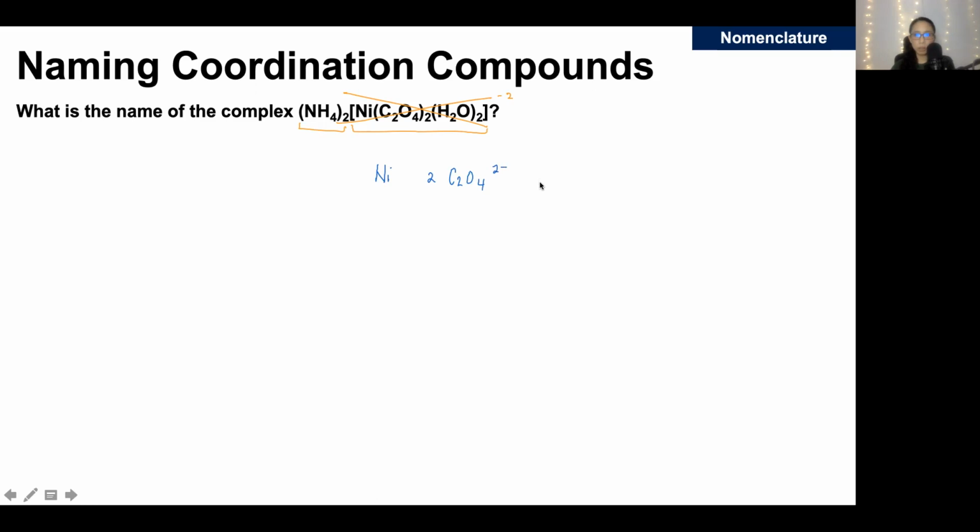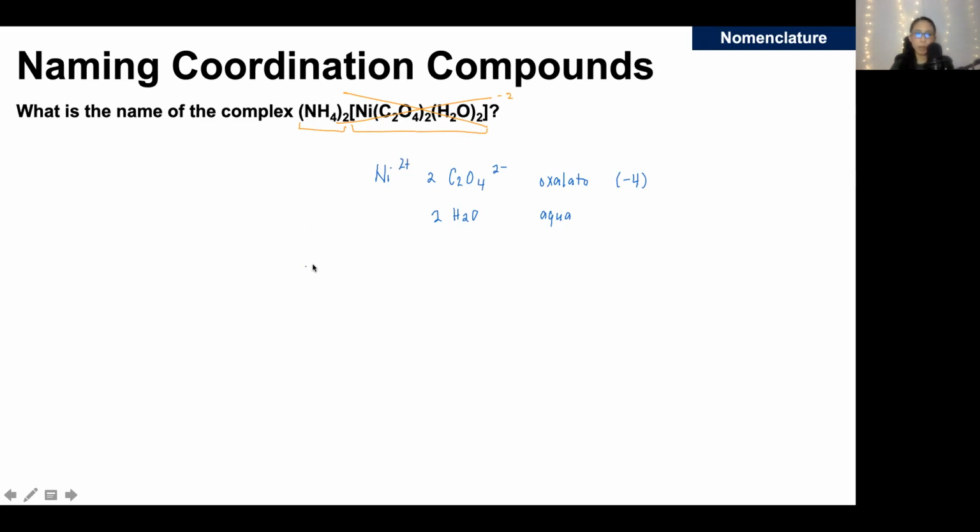That's oxalato, right? 2 times -2 gives us a charge of -4 from the 2 oxalate ligands. And we have 2 water, the ligand name is aqua. The net charge should be -2, so nickel should have a +2 charge.